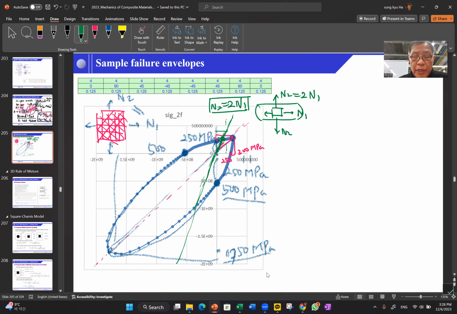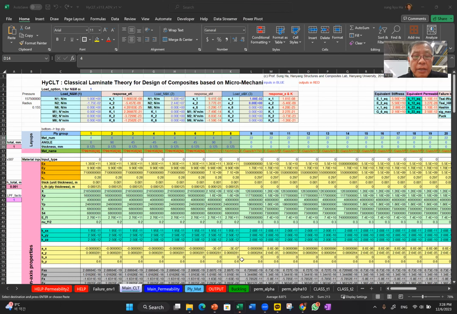Okay, so now let's do exactly the same, but a little bit different, with a different layup sequence.